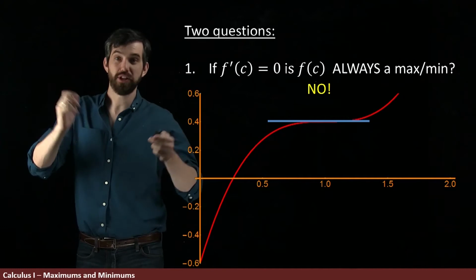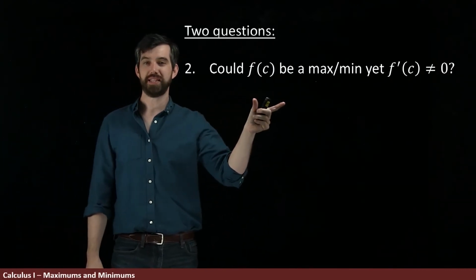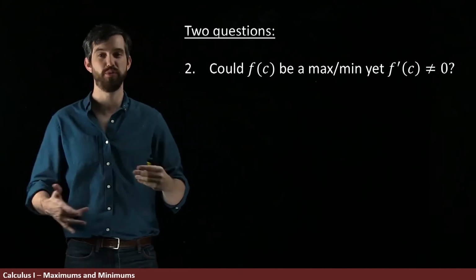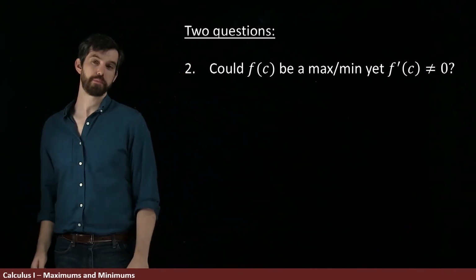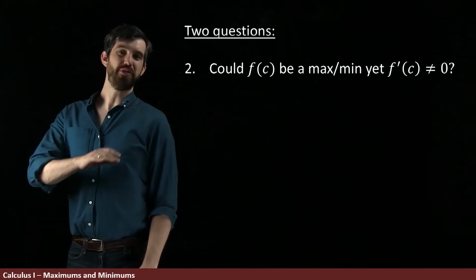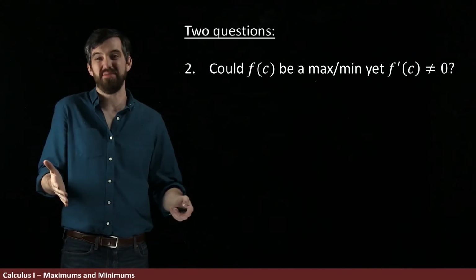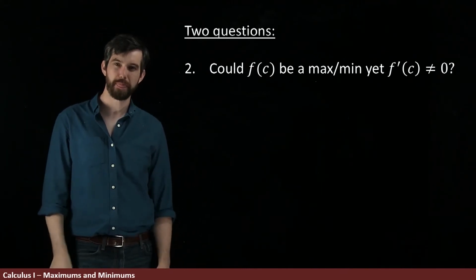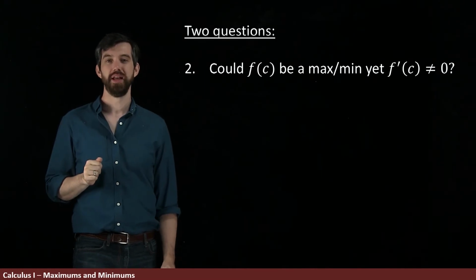Okay, so let's look at the second of the two questions. This was asking, could it be the case that f of c was a maximum or minimum, even though the derivative was non-zero? Now, it turns out that if it's any other value, like 7 or 3, that indeed it wouldn't be a maximum or a minimum. However, what if the derivative didn't exist? Let me look at this example.